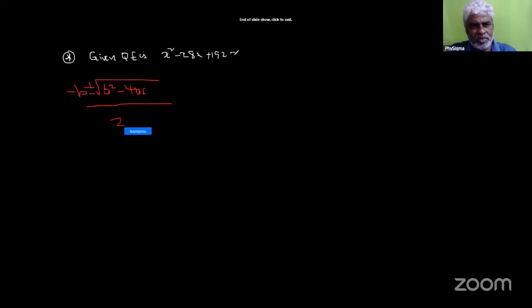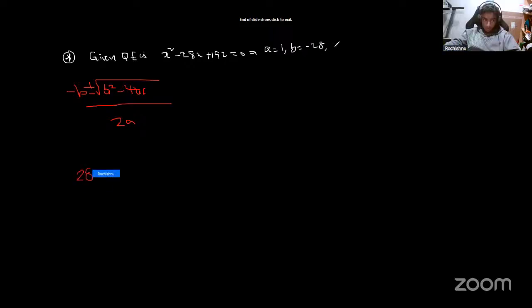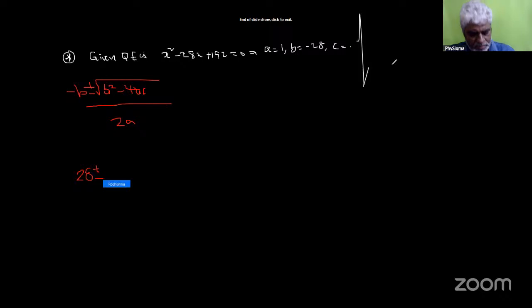Now we are solving the same equation by using the formula method. We have proved one formula also, right? Given quadratic equation is x square minus 28x plus 192 is equal to 0. That means A is equal to 1, B is equal to negative 28, C is equal to 192. Yeah, very good.